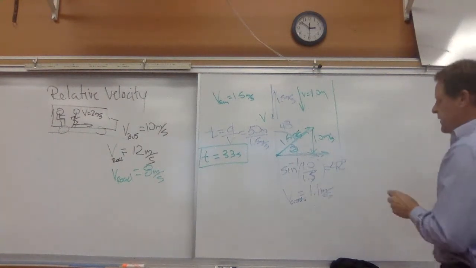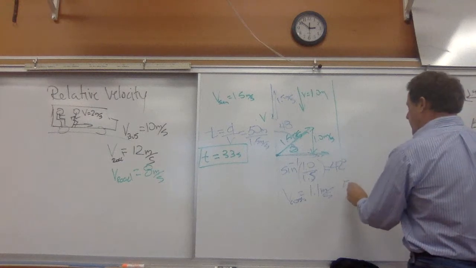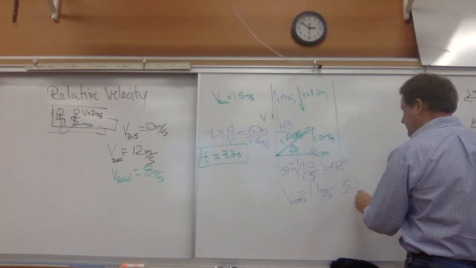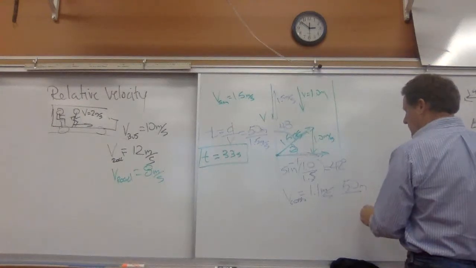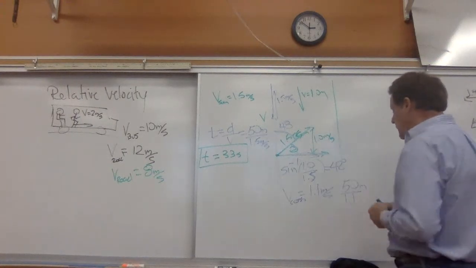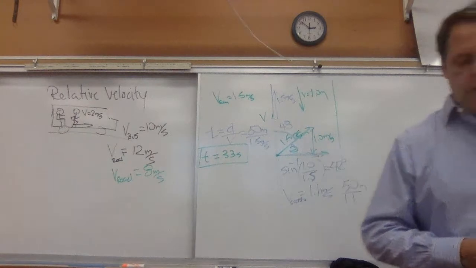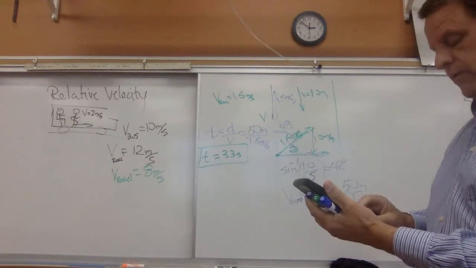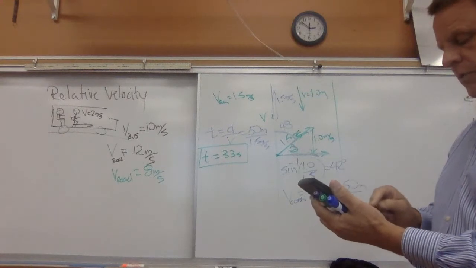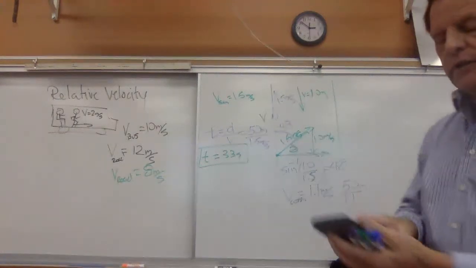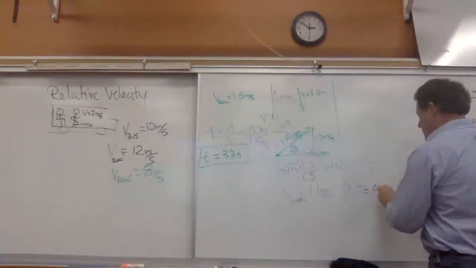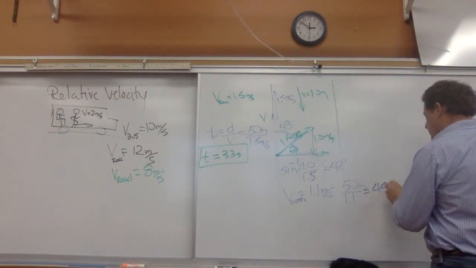And again, if we still had 50 meters, we're going to have 50 meters divided by our velocity, 1.1. 50 divided by 1.1 is 45 seconds.